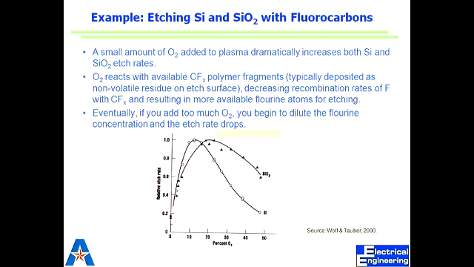But let me tell you that the etch rate is maximum. It's not like you can add as much oxygen as possible and the etch rate would keep increasing. It's not like that, because the F/C ratio increases only as long as there is some C to react with the oxygen.